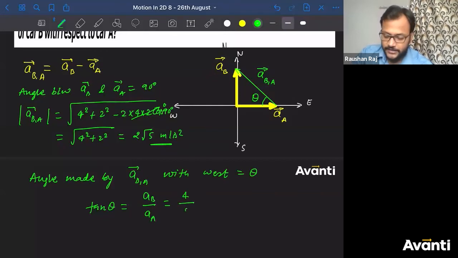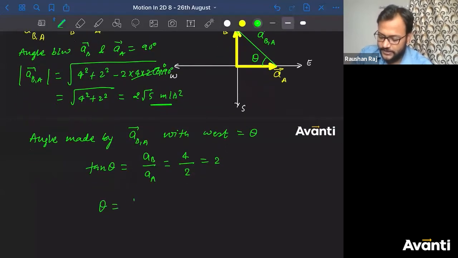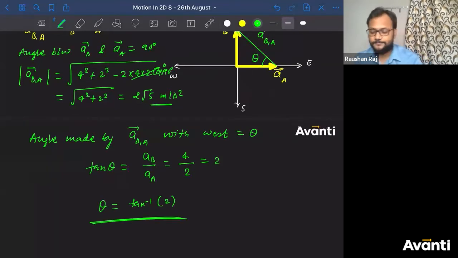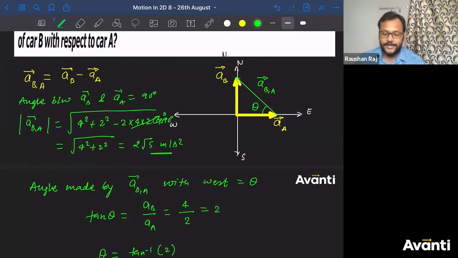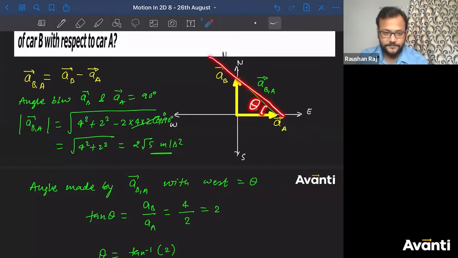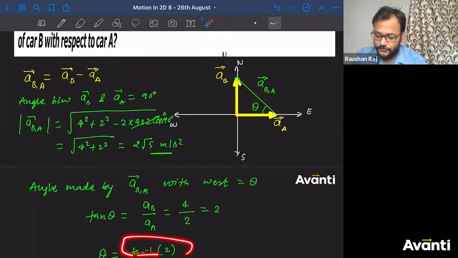What is A? That is 2. So theta is nothing but tan inverse 2. So this is the answer. So the direction of AB minus A is along a line making an angle theta equal to tan inverse 2 with the west direction.